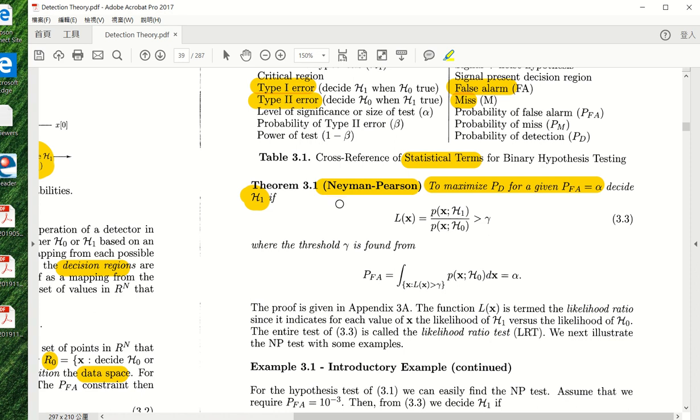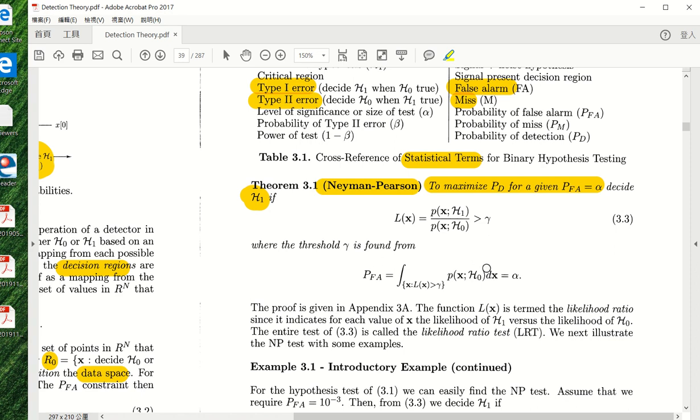H0 decision. Then the threshold gamma is found from PFA equal to this, the integral of P of X conditional on H0 dx, and then you do the integration over X where the likelihood ratio is larger than gamma. And we set that to alpha.